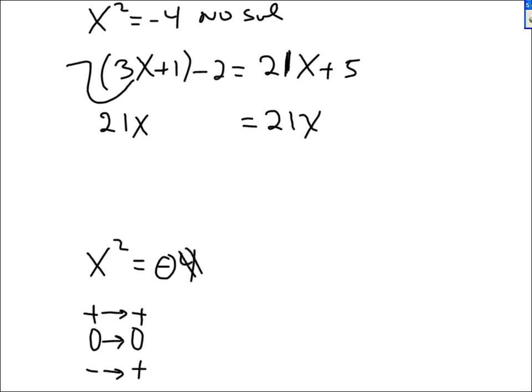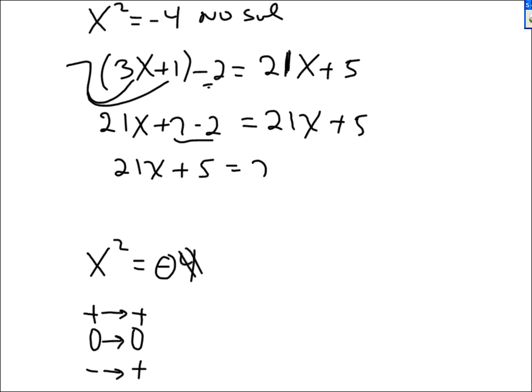Either it'll be all solutions, that is identity, or no solution. Plus 7 minus 2. Well, 7 minus 2 is 5. It's an identity. Both sides are identical. It's an identity equation. Both sides are exactly the same.